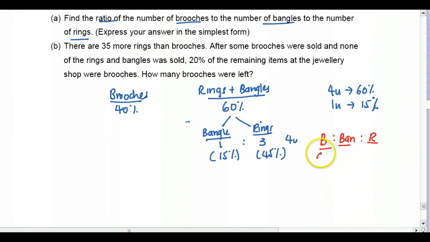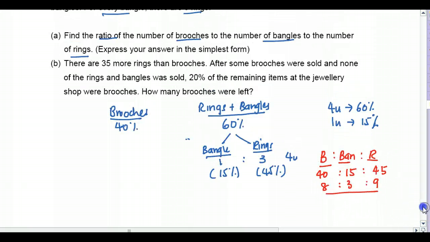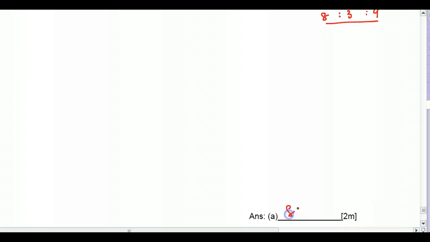My brooch is 40%. My bangle is 15%. My ring is 45%. So simplest form, divide by 5, I get 8 is to 3 is to 9. So my answer for A, 8 is to 3 is to 9.